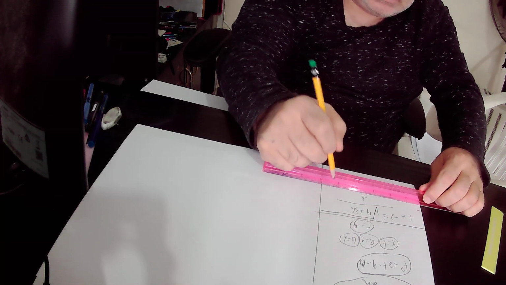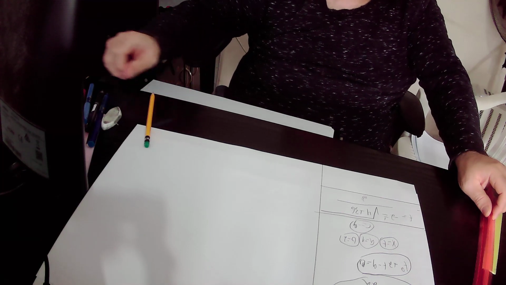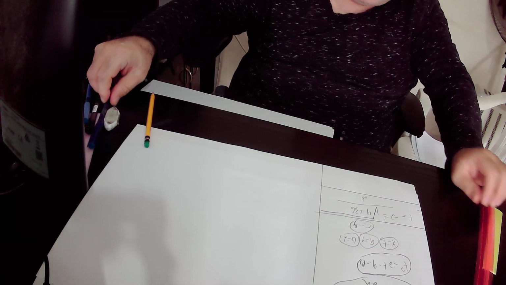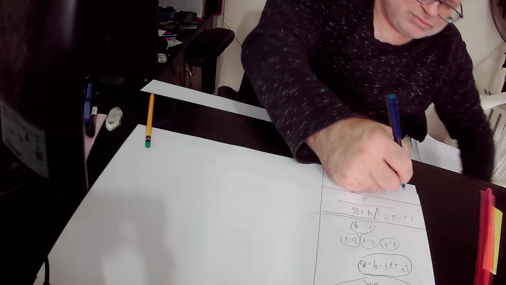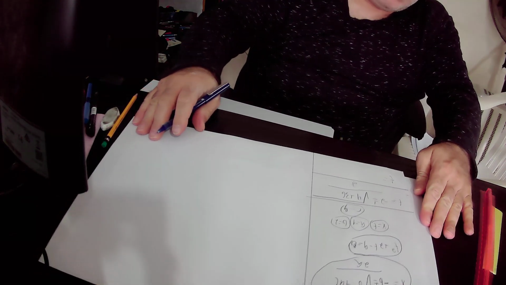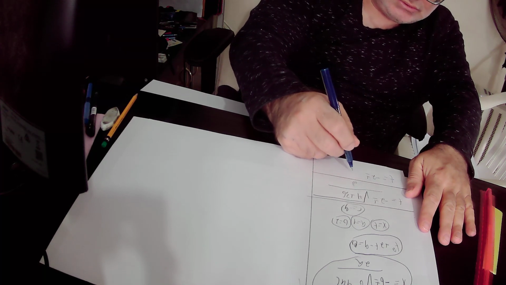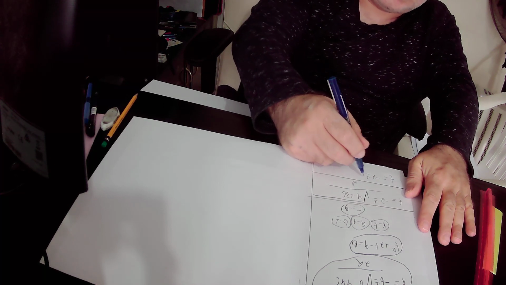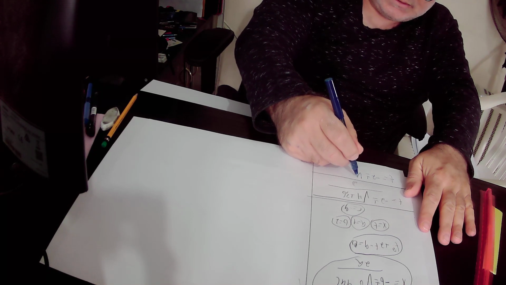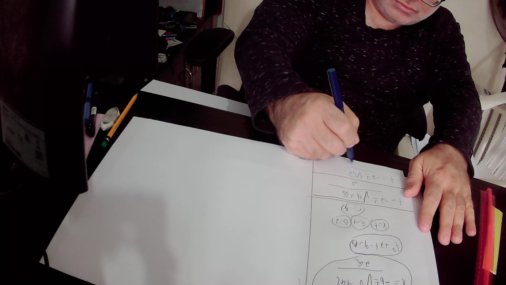So in conclusion, we found out that t equals minus 2 plus minus square root of 4 plus 36, which is 40. So inside the root we have 40 over 2.